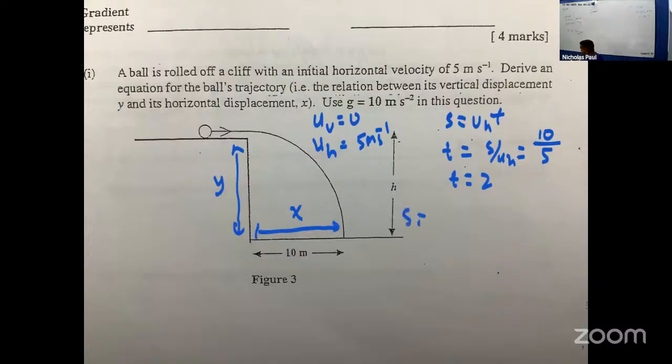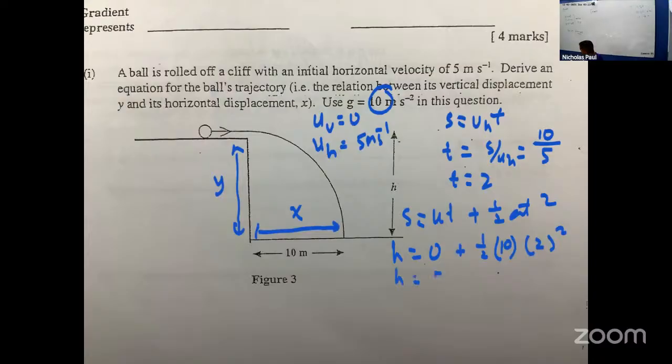So if we use s equals ut plus a half at squared, s is h, right? We'll get h is equal to 0 plus a half times 10 times 2 squared. So that's 20.